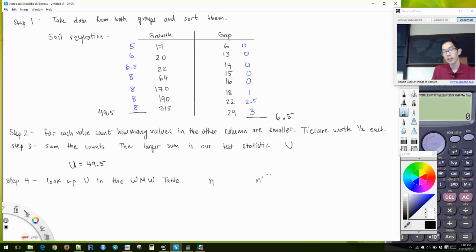Okay, n and n prime are your sample sizes. The larger sample size is designated n, and the smaller sample size is n prime.